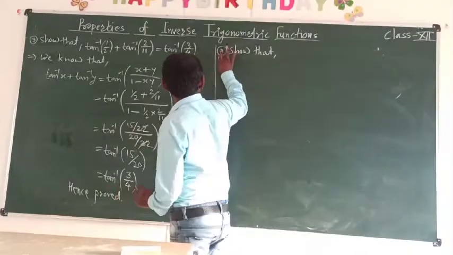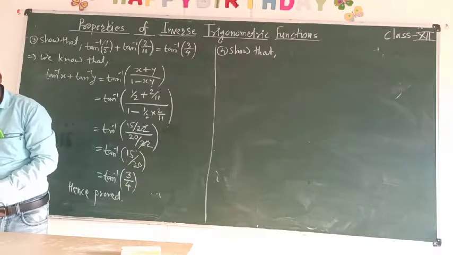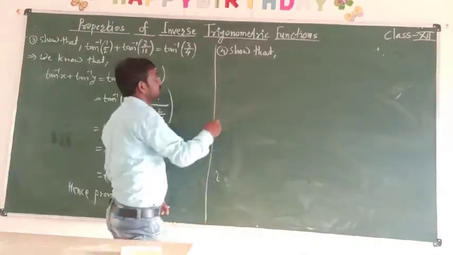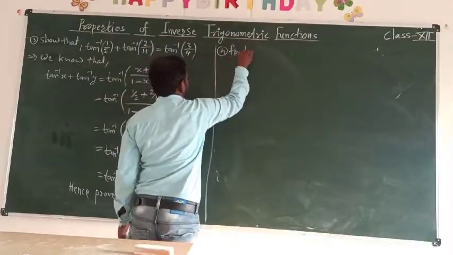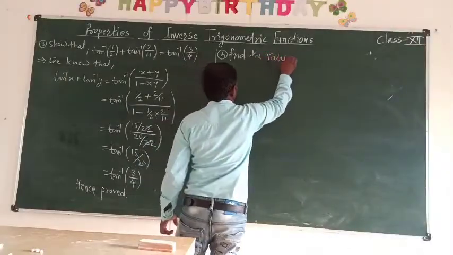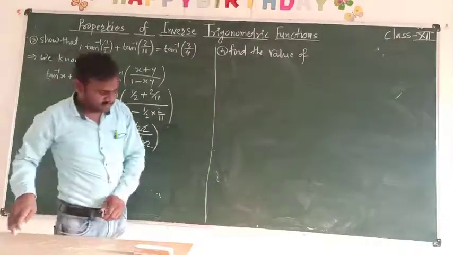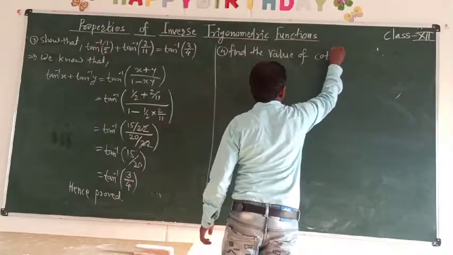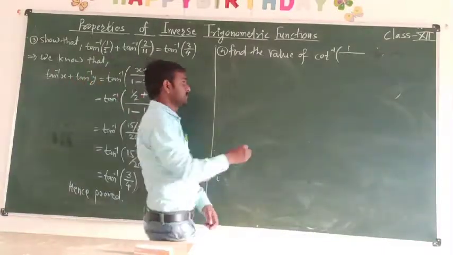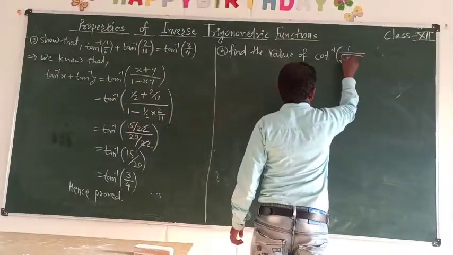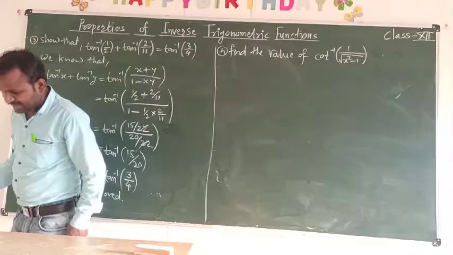Example number 4. Find the value of cot inverse of 1 upon under root of x square minus 1.